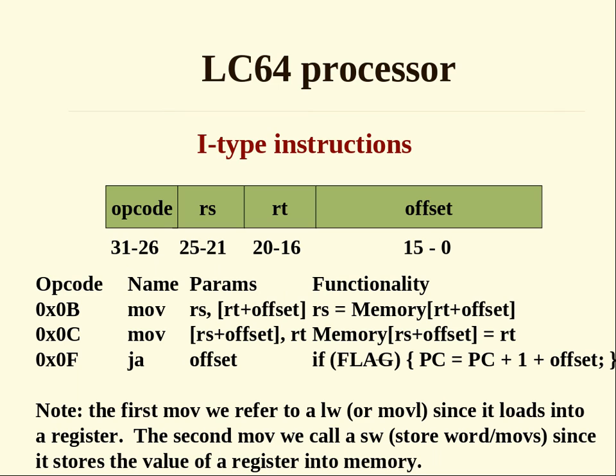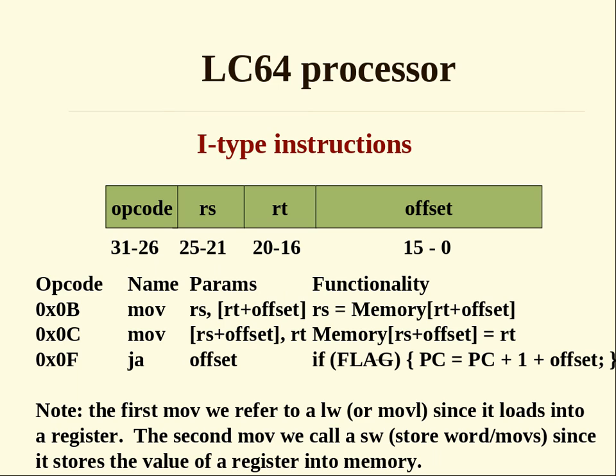The I type, standing for immediate, the R type was register based. I type is immediate because you're going to work with an offset. The first one's called move, which is actually a load word because you're loading from memory into a register. And it's computed by taking the contents of RT, adding whatever offset, reading that from memory, and putting it into your RS register, whichever one that happened to be.